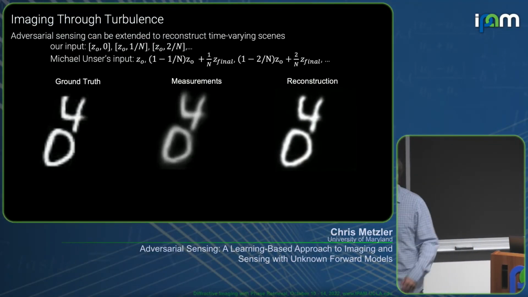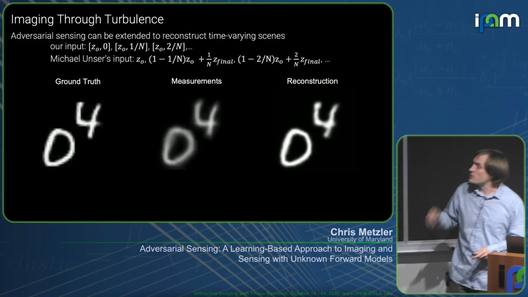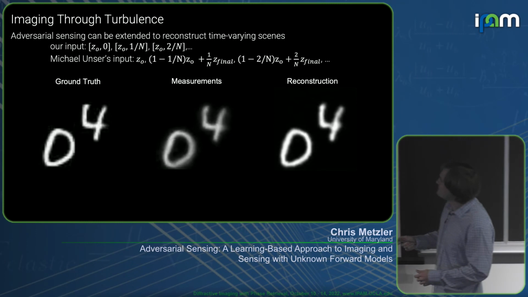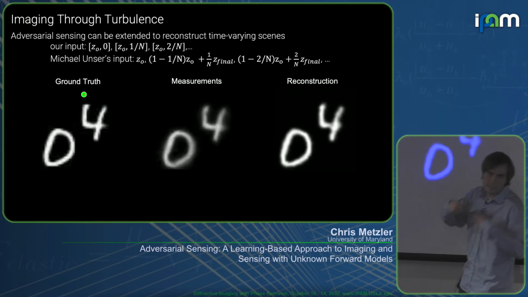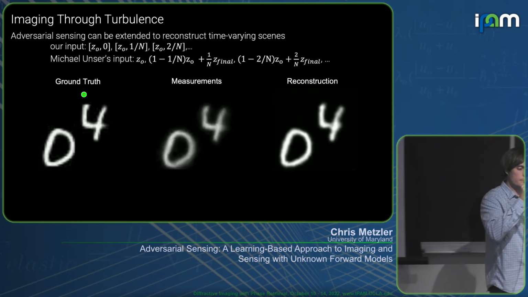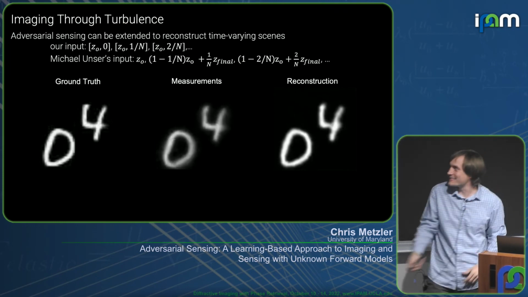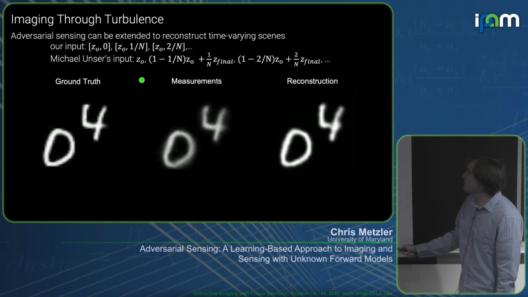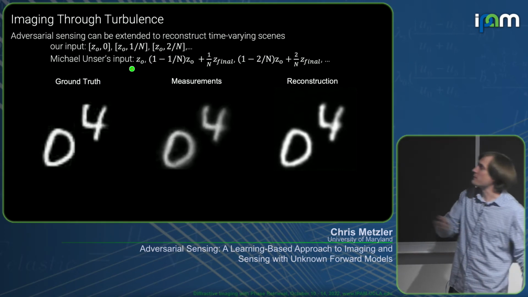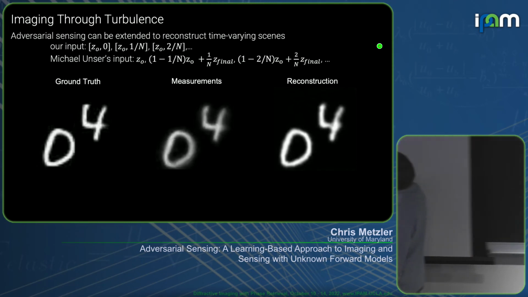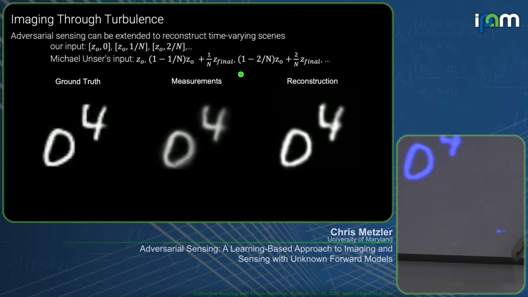And just as Michael Unser mentioned, you can similarly extend this framework to reconstruct time-varying scenes. In our case, the input is a deep image prior that gets a random latent initialization Z0. In Michael's work, they fed in a manifold of latents, starting off with Z0 and then gradually moving to Z final.